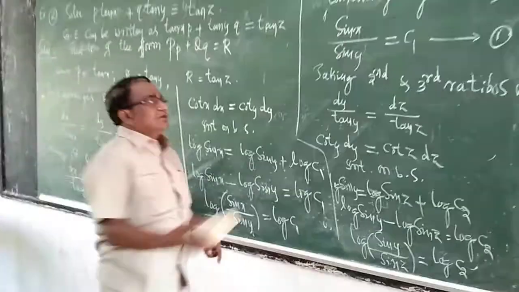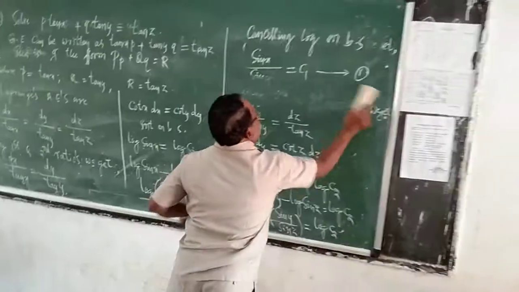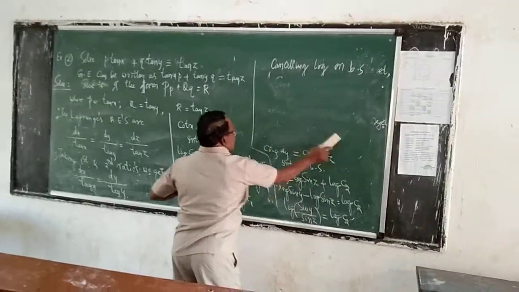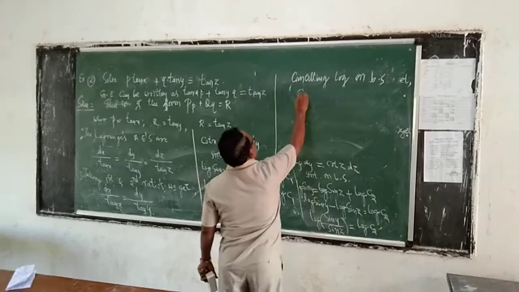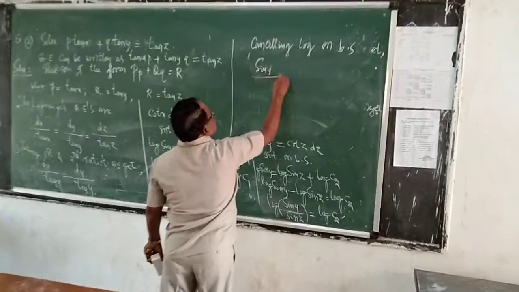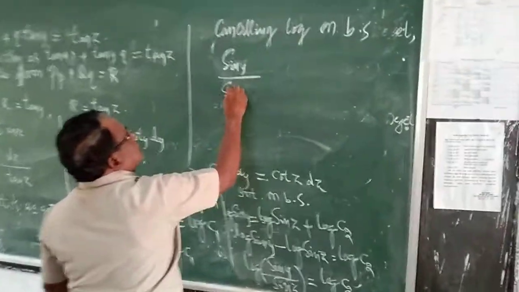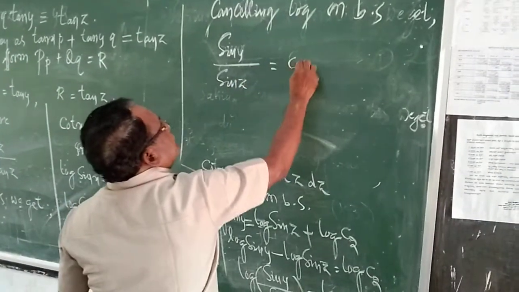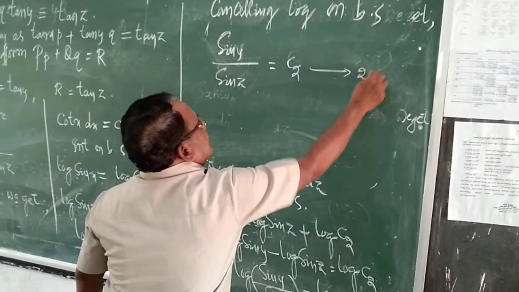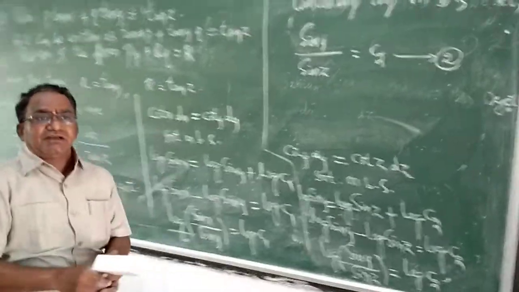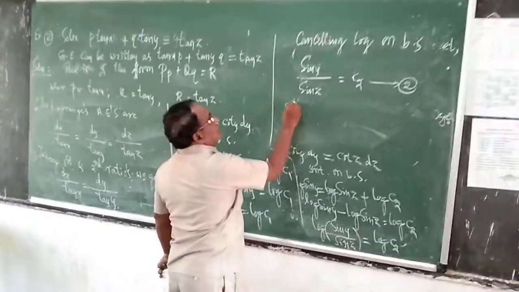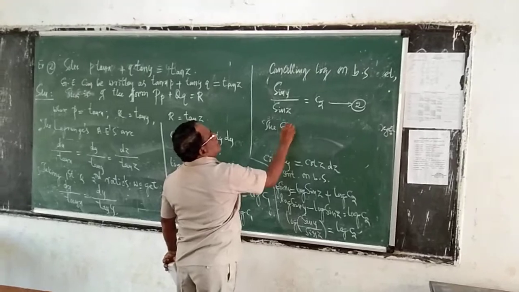Cancelling log on both the sides, we get sin y by sin z is equal to c2. This is our second independent solution.